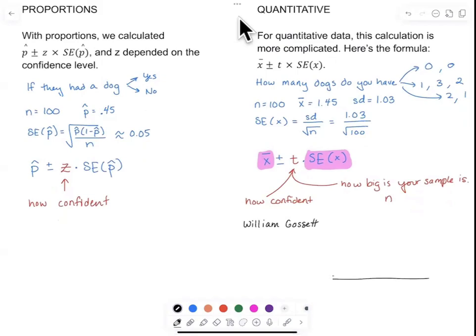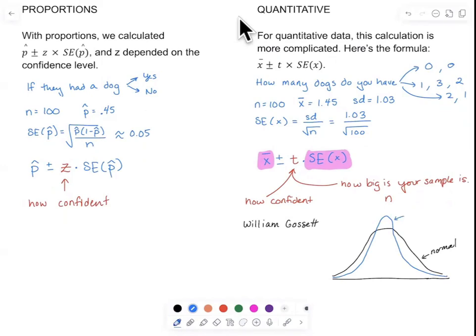We're used to calling any symmetric unimodal distribution normal. So let's say this is the normal distribution. If he took a sample of quantitative data, he didn't get exactly that normal distribution. He would get something a little lower on the outside and a little pointier in the middle, something like this.